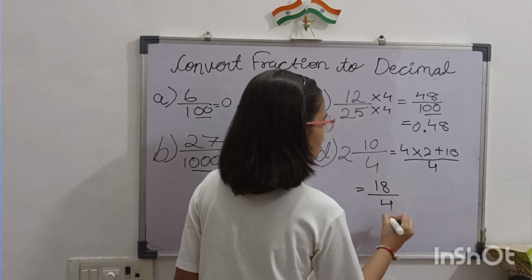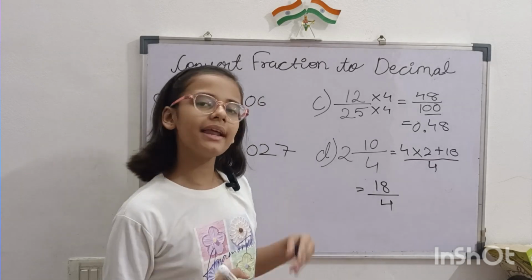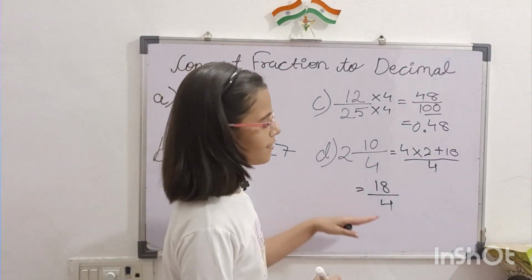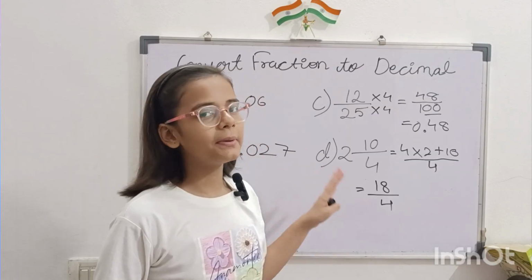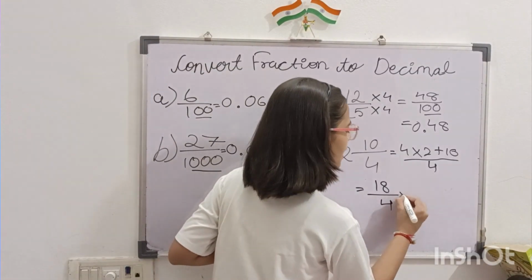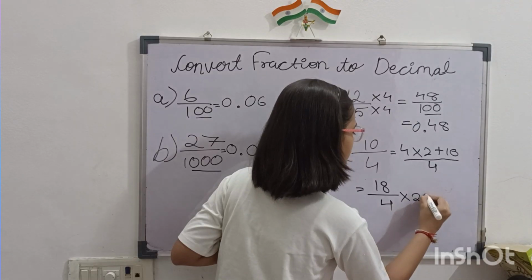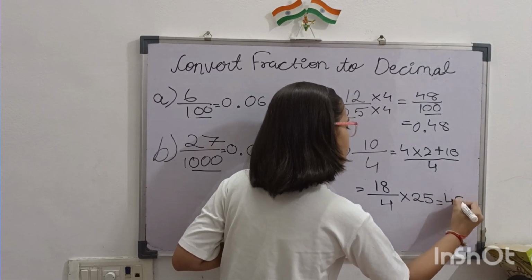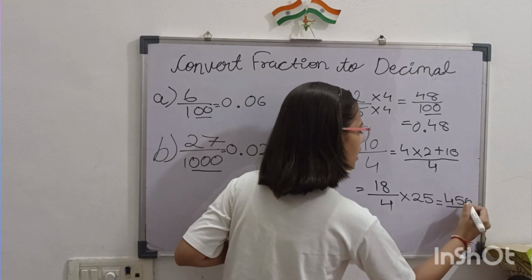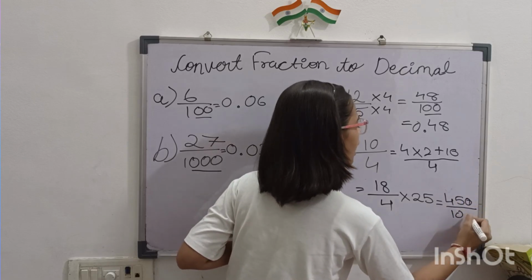18 by 4. Now we have to convert it into a decimal fraction. If we multiply 4 by 25, then it is going to be 100. So we'll multiply both the numbers by 25. And we get 450 by 100.